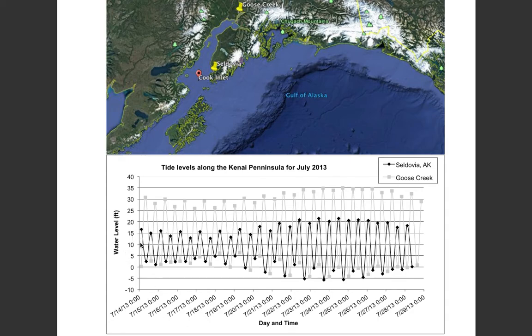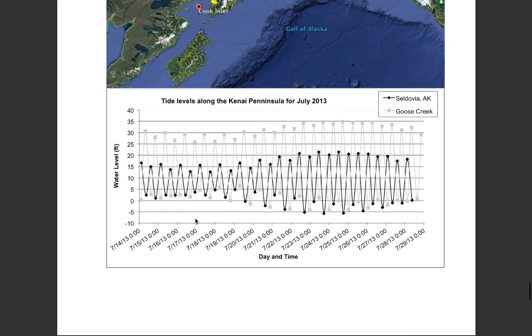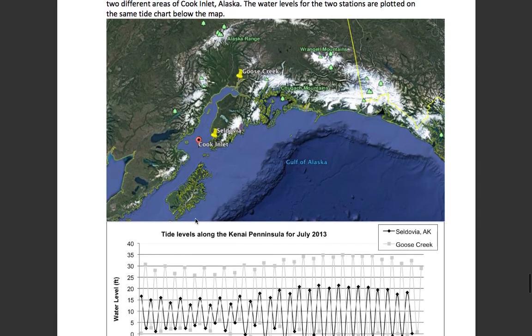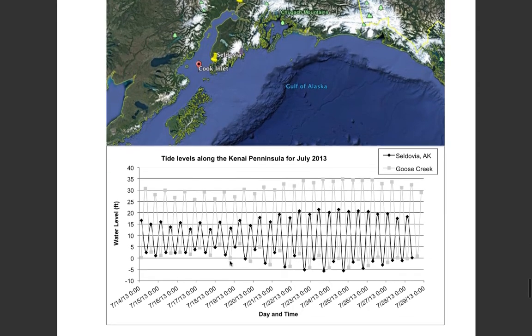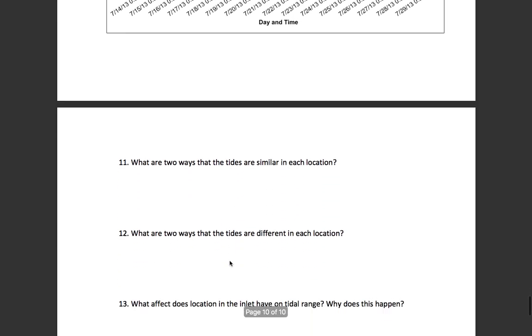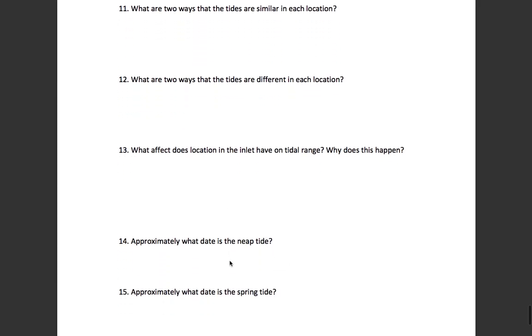And we also see that we have the data from both tidal stations projected on this same chart. So this way you can easily compare and contrast the two. So you are going to look for similarities and differences between the two, and you're going to figure out what is the effect of inlets, or what effect they can have on the tides themselves. And so you're going to answer these questions below.